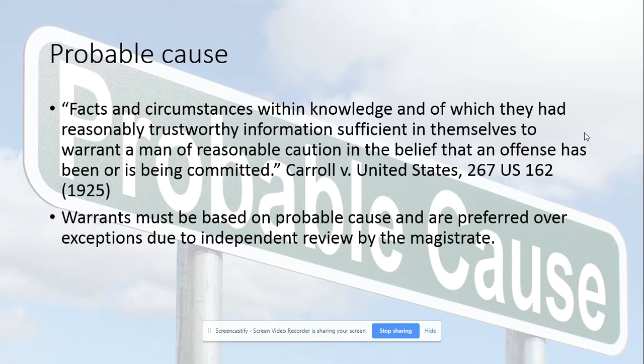But instead, the Supreme Court says not so fast. In this instance, this search was reasonable, and the Fourth Amendment only protects against unreasonable searches.